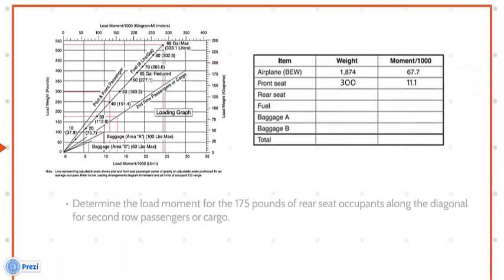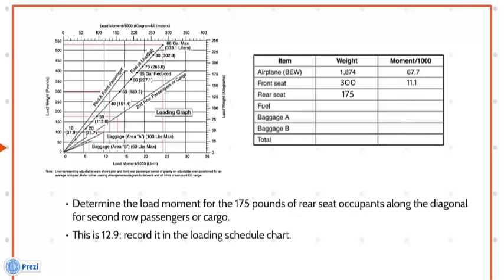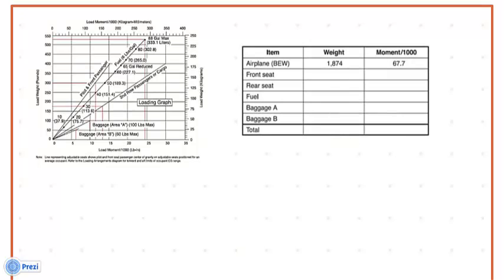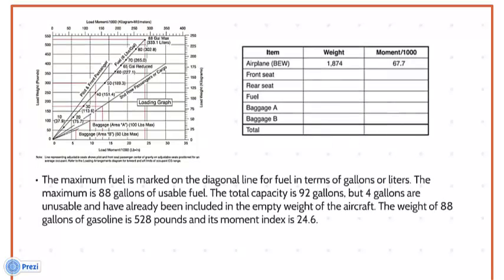Determine the load moment for the 175 pounds of rear seat occupants along the diagonal for second row passengers or cargo. This is 12.9. Record it in the loading schedule chart. The maximum fuel is marked on the diagonal line for fuel in terms of gallons or liters. The maximum is 88 gallons of usable fuel.